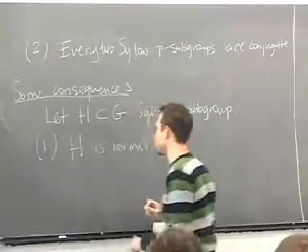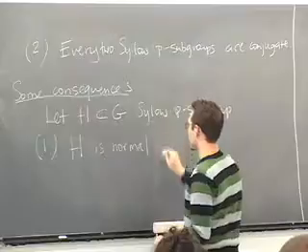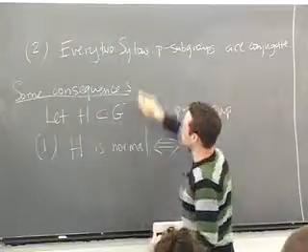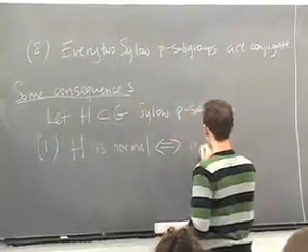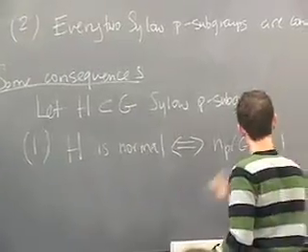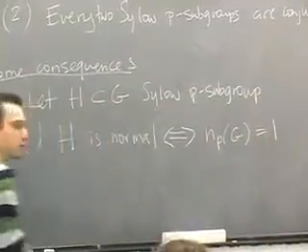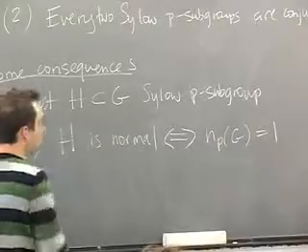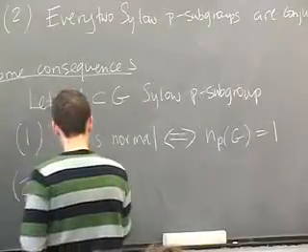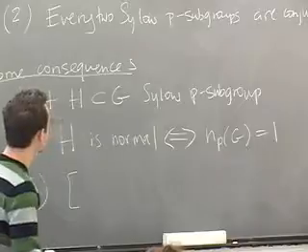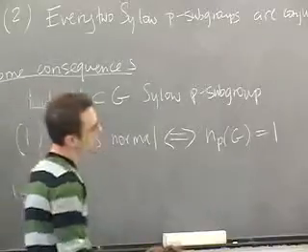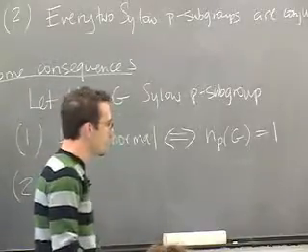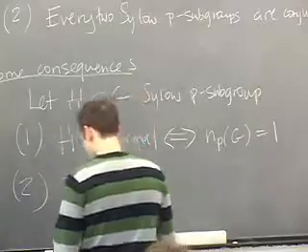So we've seen several times that this thing is normal if and only if, as a result of 2, NP of G is equal to 1. And this is something you can leverage much, much. It's very, very useful. Another thing that's useful is that once you have a Sylow p subgroup like this, you know a good deal about its normalizer.